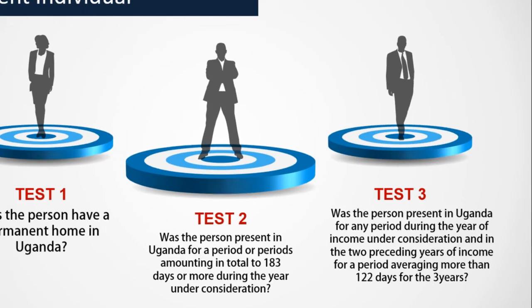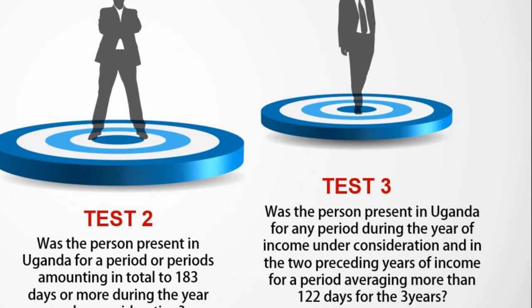In test number three, we try to look at the person's presence in Uganda for the 2 preceding years, including the year under consideration. So in test 3, we are saying: was the person present in Uganda during the year of income under consideration, and in the 2 preceding years of income, for a period averaging 122 days or more on average?